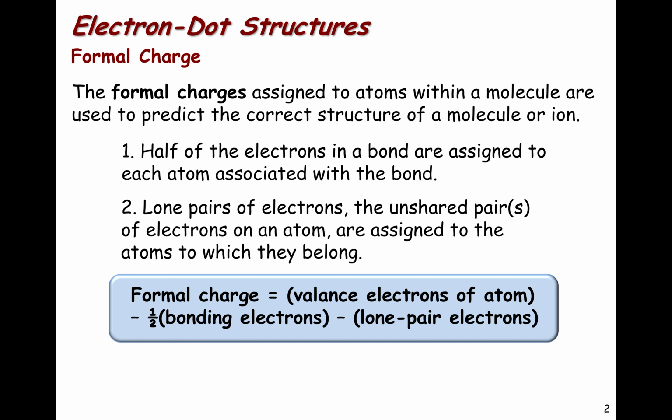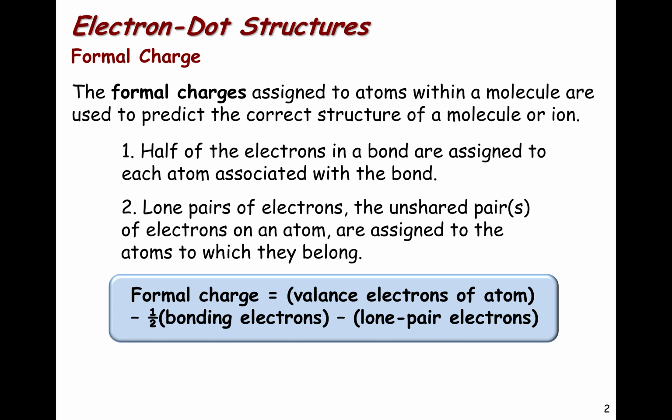So, here's the basic formula for calculating the so-called formal charge. If you have a particular Lewis dot structure, you can first determine the number of valence electrons for a particular atom. This is done in the normal way by drawing out the Lewis dot structure, or the electron configuration for that atom. And then we're going to subtract away half of the bonding electrons, that is, half of the shared pairs of electrons.